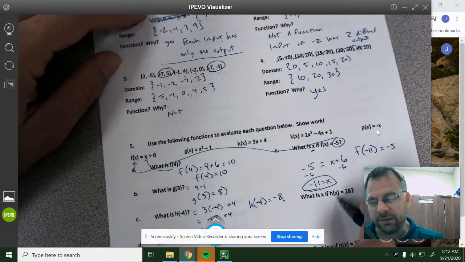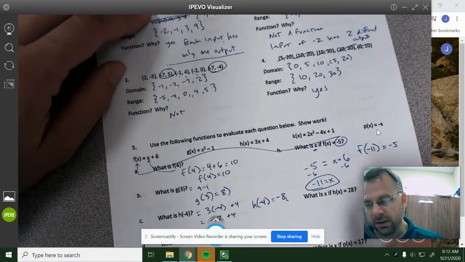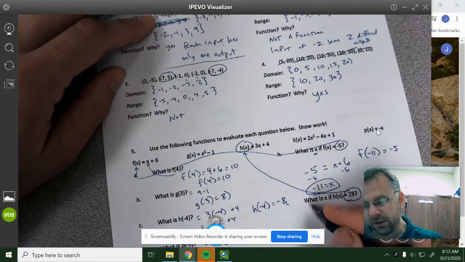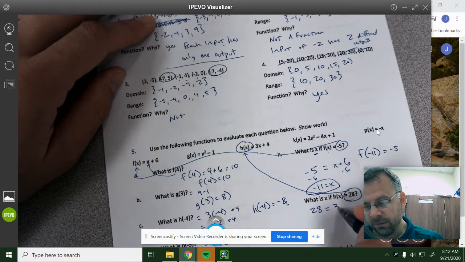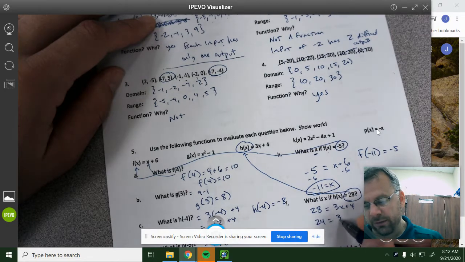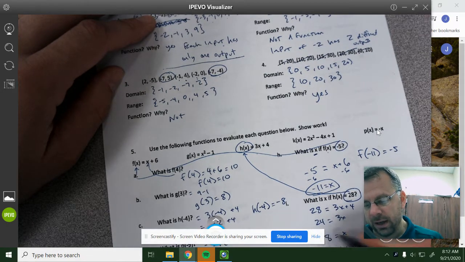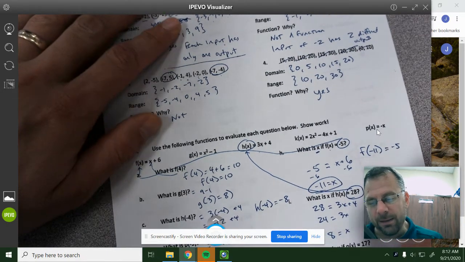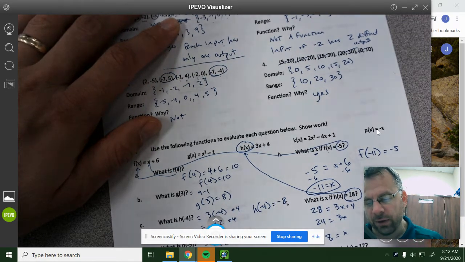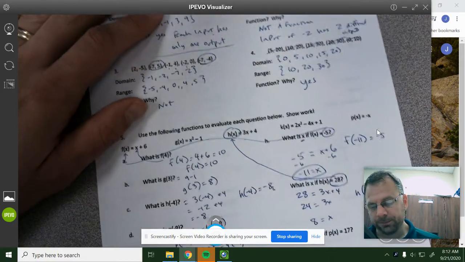Here, what is x if h of x is 28? So if I put all that instead of h of x, I'm going to set this equation. Solve my equation. Subtracting 4, divide by 3, I get 8. So that means my input in the h function is 8 when the output is 28.